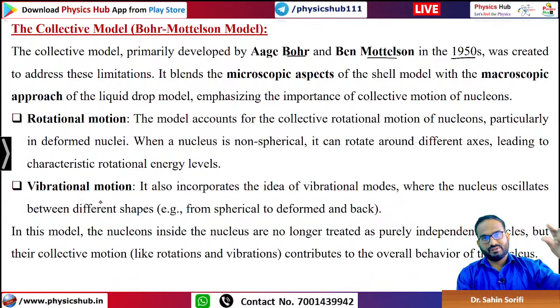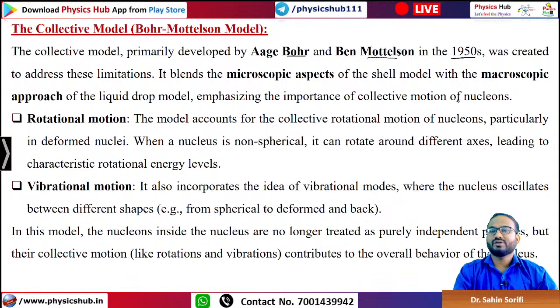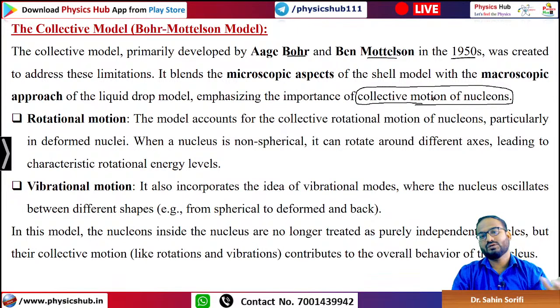In the liquid drop model, the macroscopic idea was taken care of. In the shell model, a microscopic approach was taken. So the collective model blends both the microscopic aspect of the shell model with the macroscopic approach of the liquid drop model, emphasizing the importance of collective motion of nucleons. So the collective model takes the good points from both models.